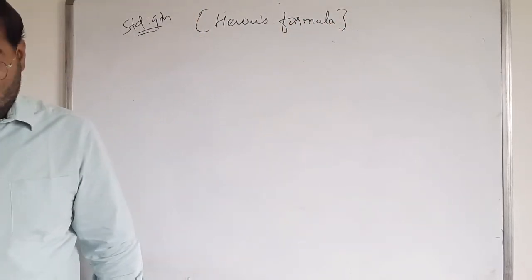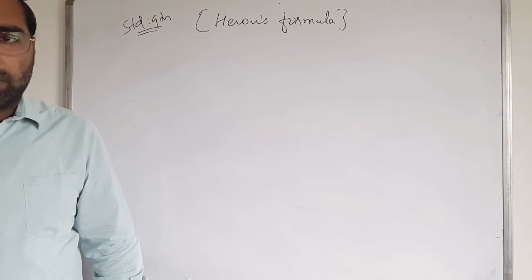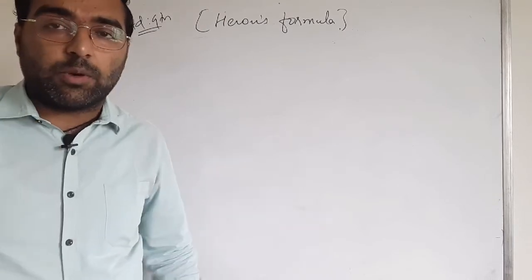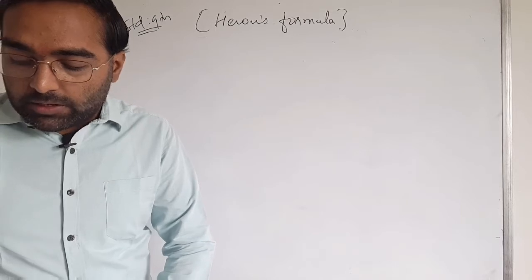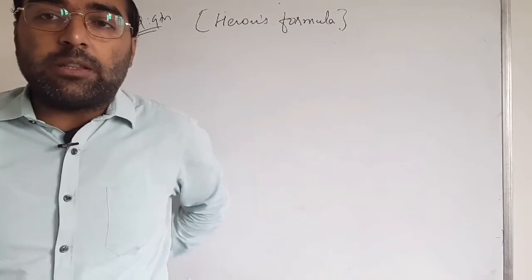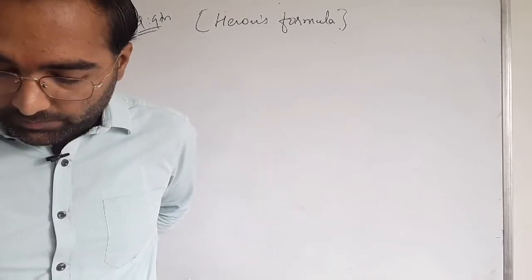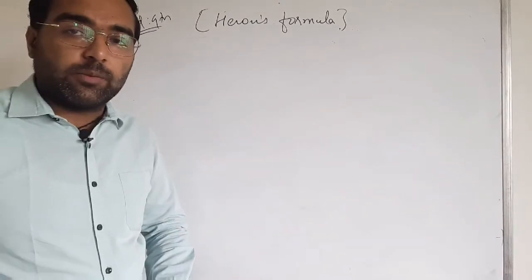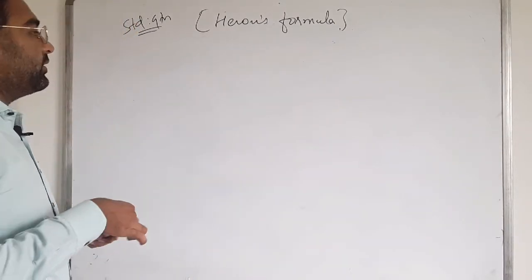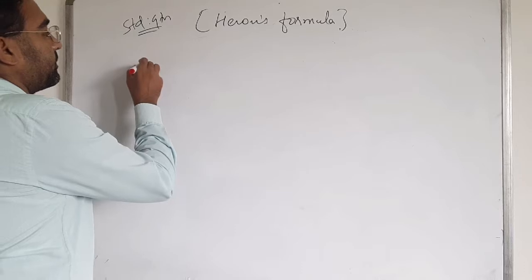In your textbook the last question is given: a field in the shape of a trapezium, whose parallel sides are 25 meter and 10 meter. Now I'll draw the shape of the trapezium.